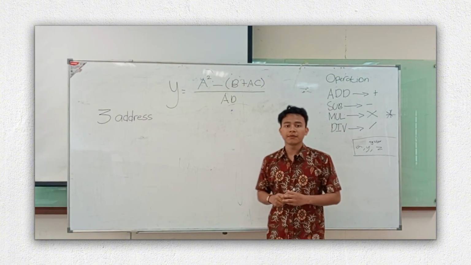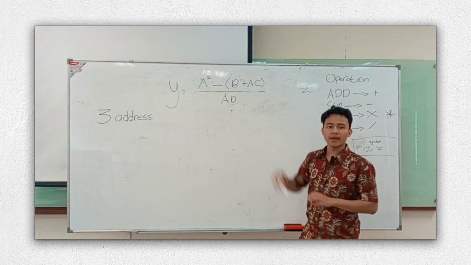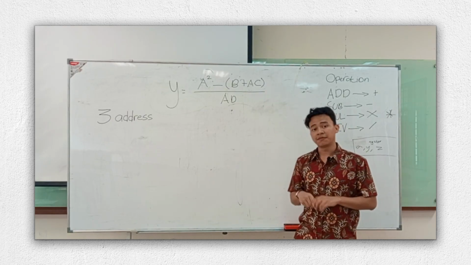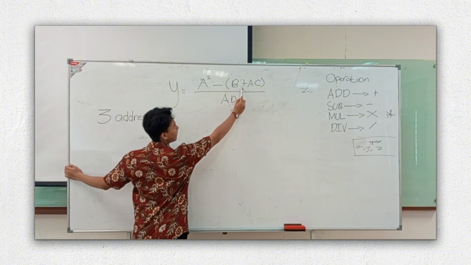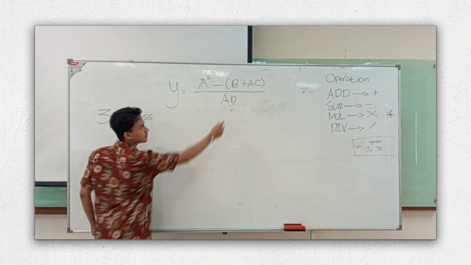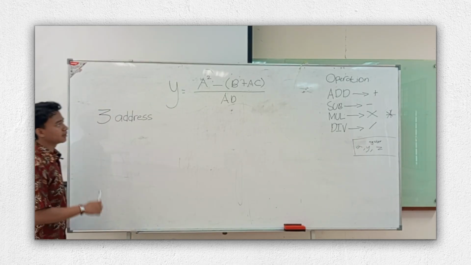To begin with, in this question we have a bracket, so we need to prioritize the bracket. First, inside the bracket, we have B plus A times C, in which multiplication is the next priority under the bracket.